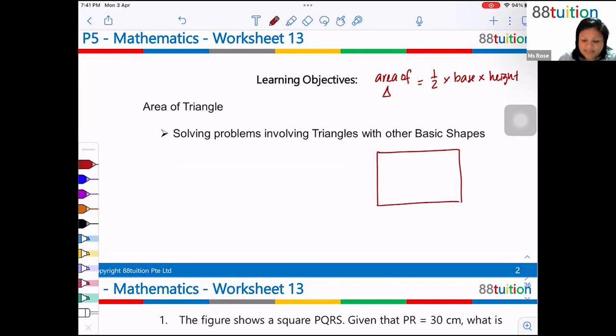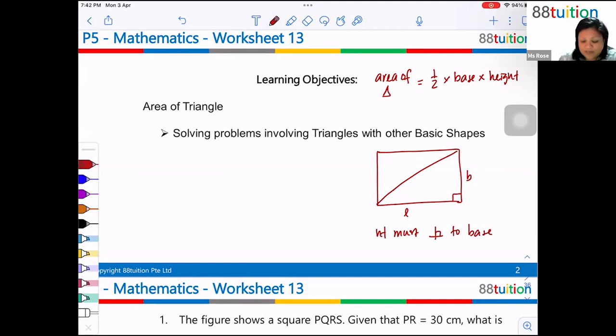If we look at a rectangle, this is the length, this is the breadth, right? That's why just now Liana said half times length times breadth. But we need to make sure that the height is always perpendicular to the base.